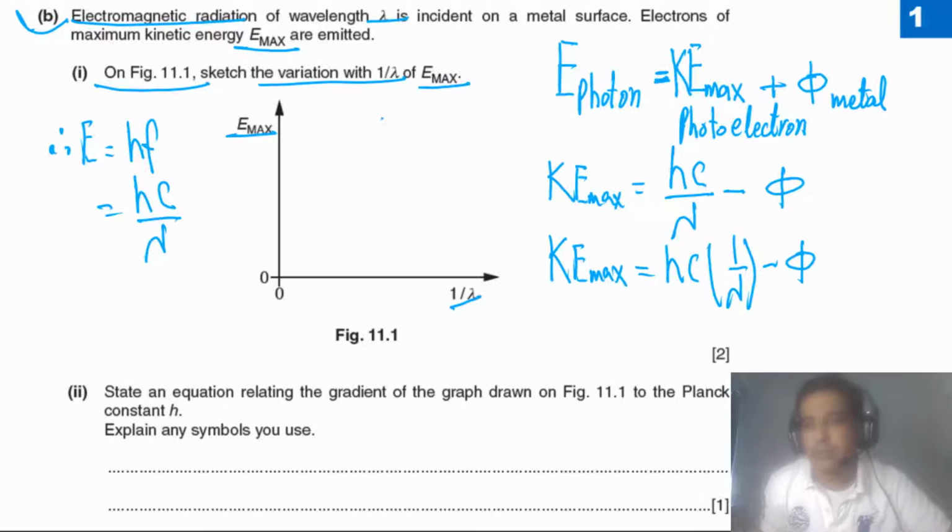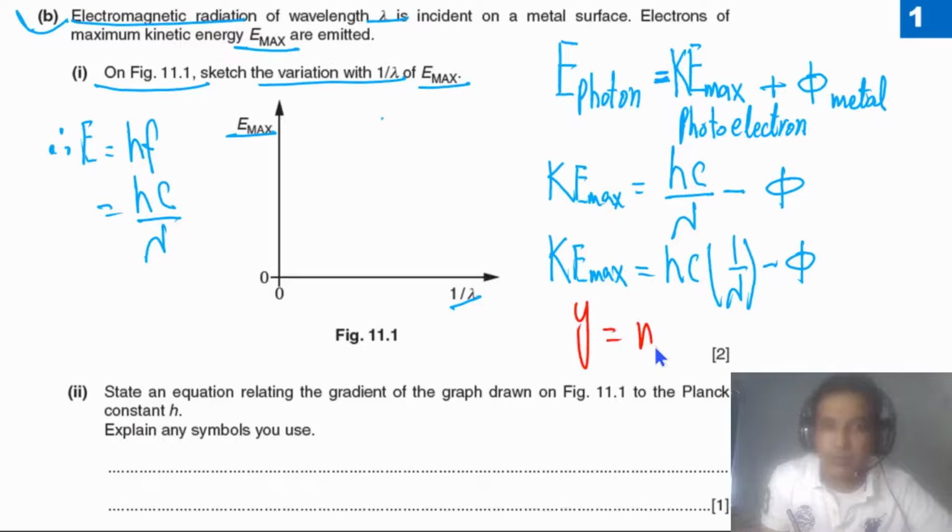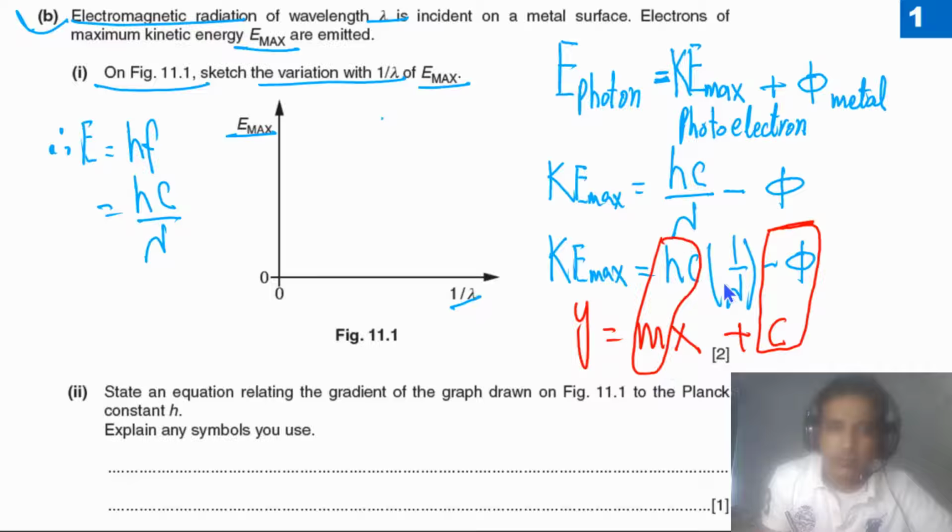Now simply we can compare this one with straight line equation. We can write y is equal to mx plus c. From here we can see c is equal to negative work function, and gradient in this case is equal to hc, and this is positive, so it means it's a straight line with positive gradient, because this is 1 over lambda.